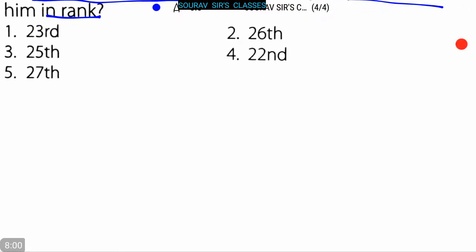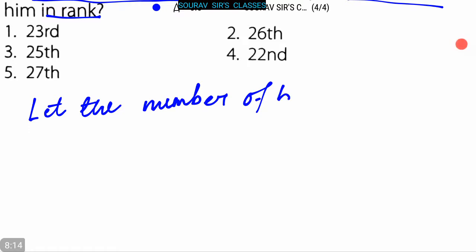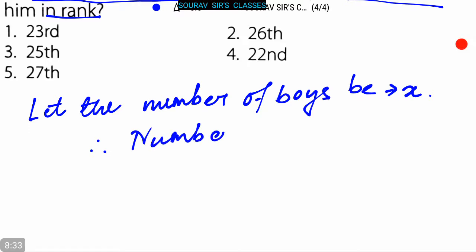Now let the number of boys be x. It was given that the number of girls is twice the number of boys, so the number of girls is equal to 2x.